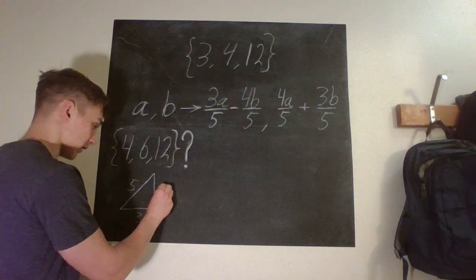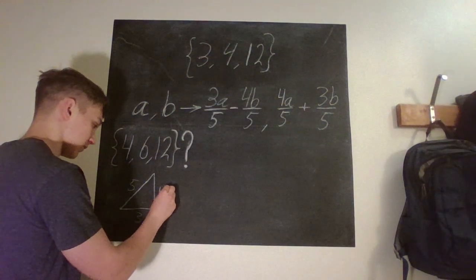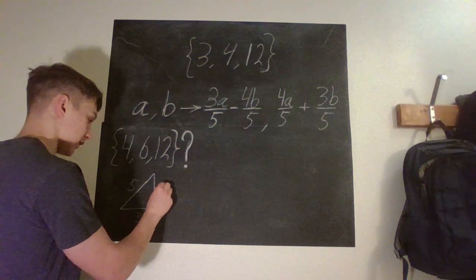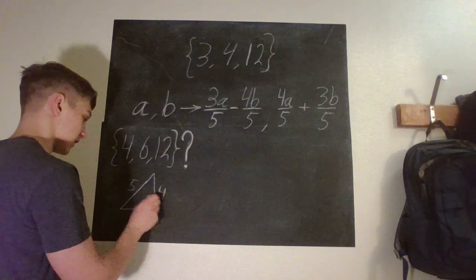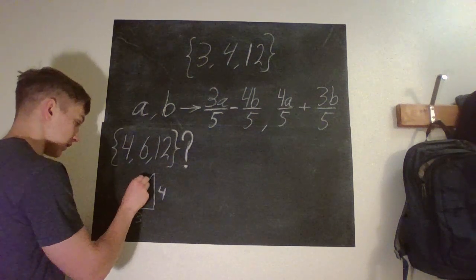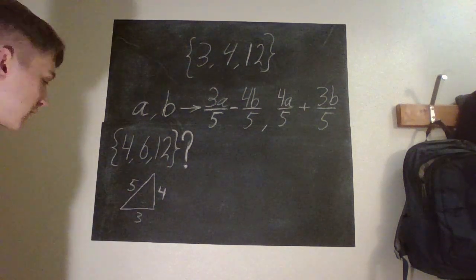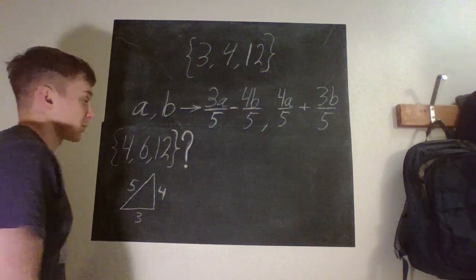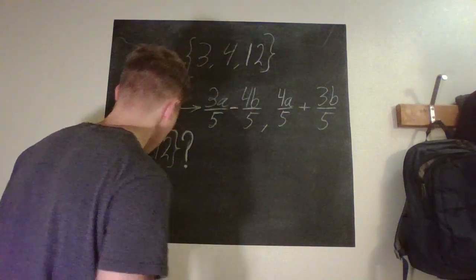It's called a Pythagorean triple because it's 3 integers that create the lengths of a right-angled triangle. And that's what we have here, 3, 4, 5.